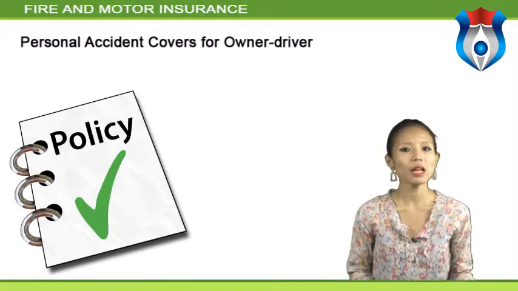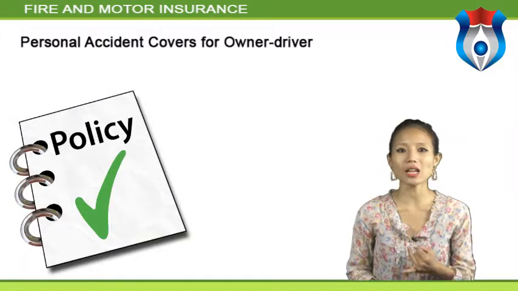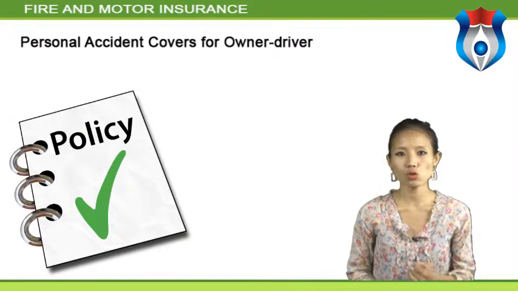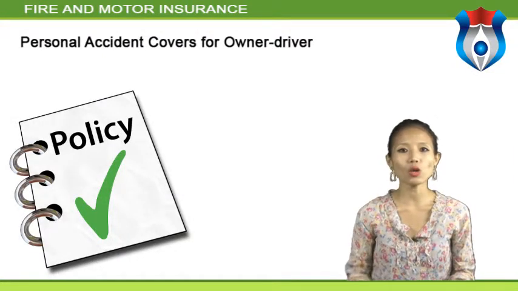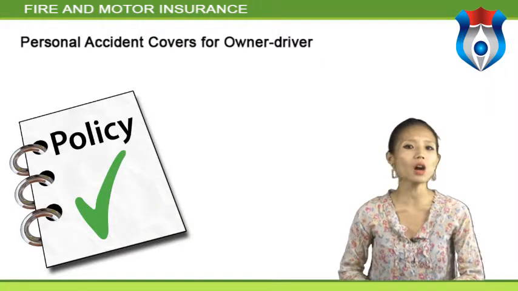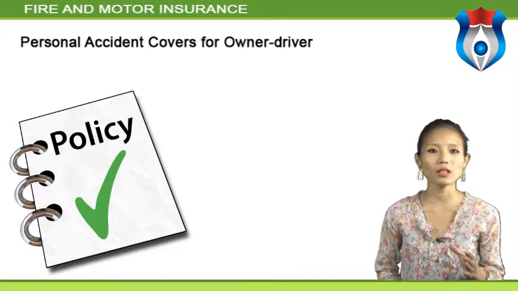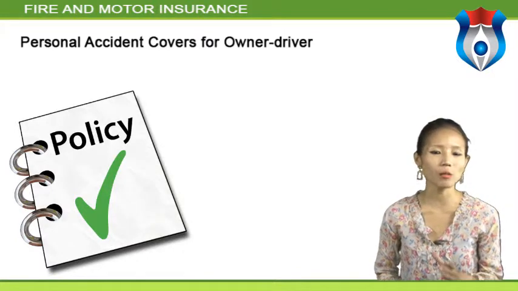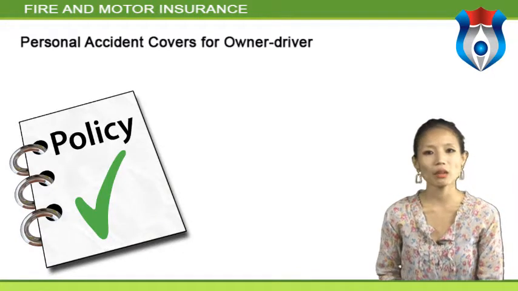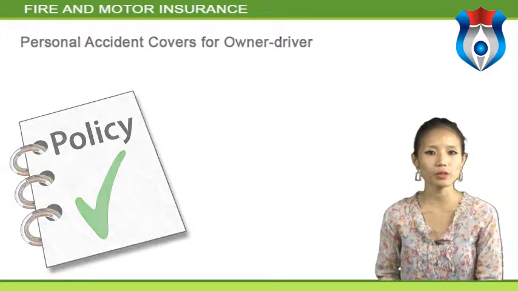Provided always that the compensation shall be payable under only one of the items. In respect of the owner driver arising out of any one occurrence, the total liability of the insurer shall not in the aggregate exceed the sum of INR 1 lakh during any one period of insurance.